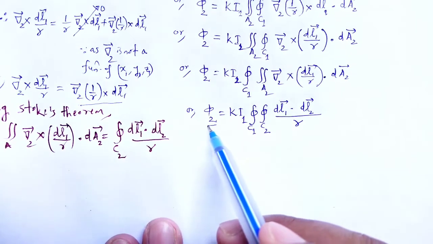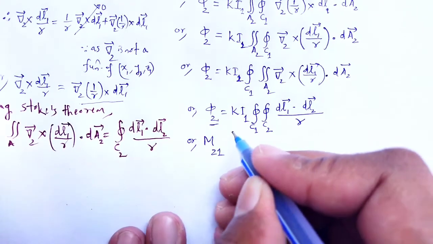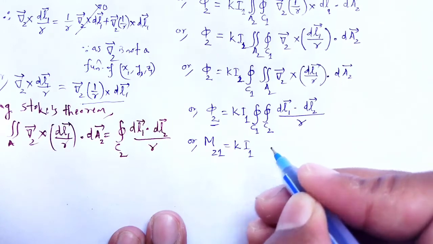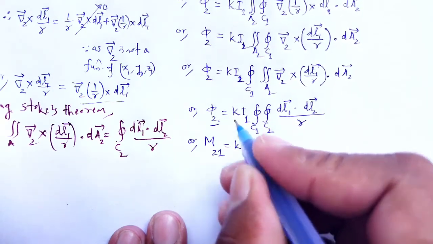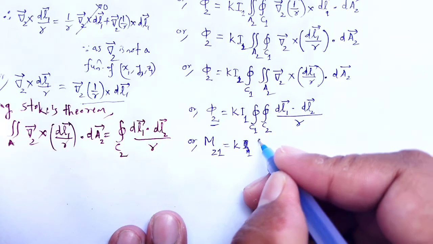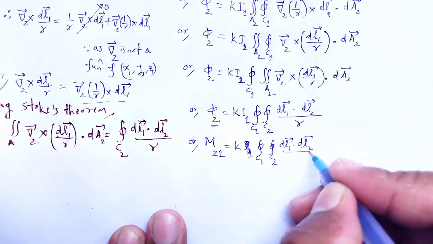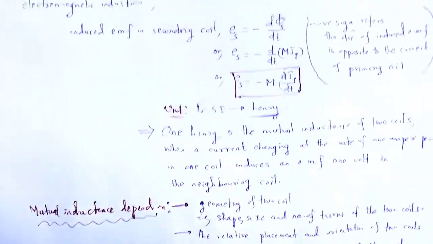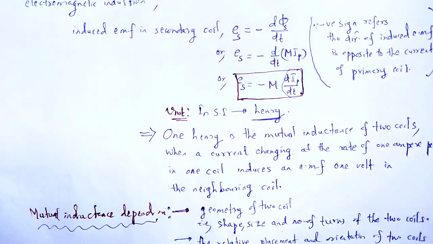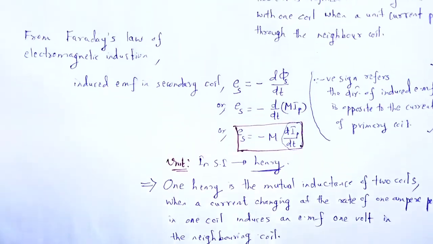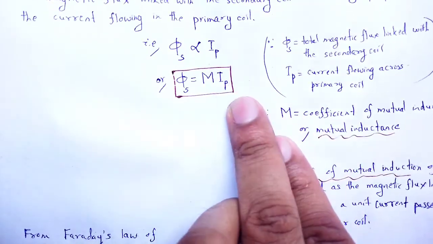That is why phi 2 is written as M21 times I1, and M21 is k, closed curve integral over C1, closed curve integral over C2, dl1 dot dl2 divided by R. Look here, the expression for mutual inductance: magnetic flux is equal to mutual inductance into current, that expression is correct.